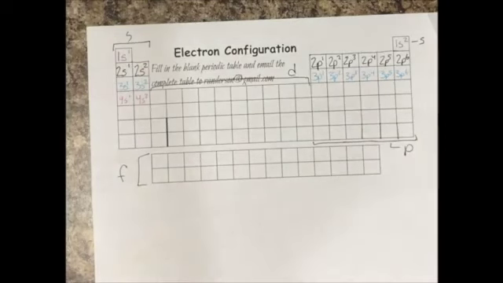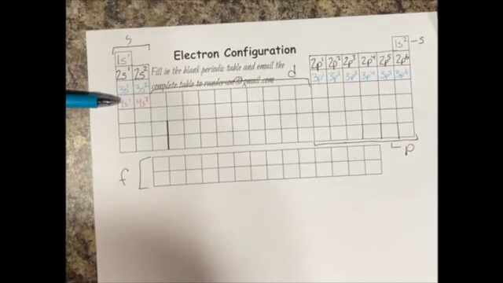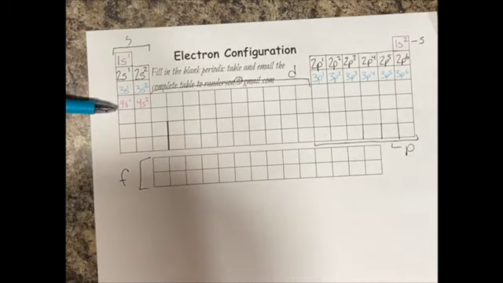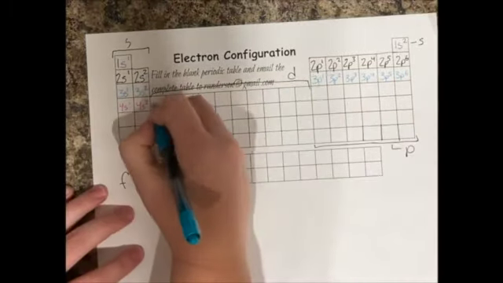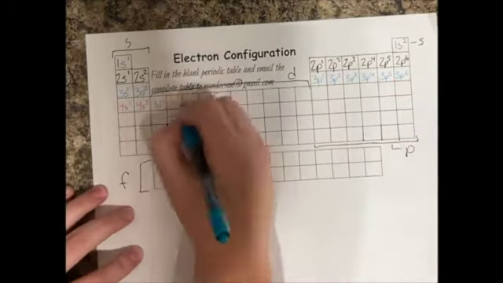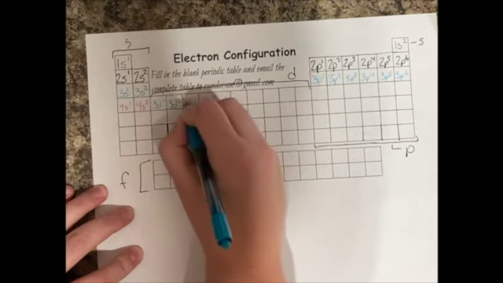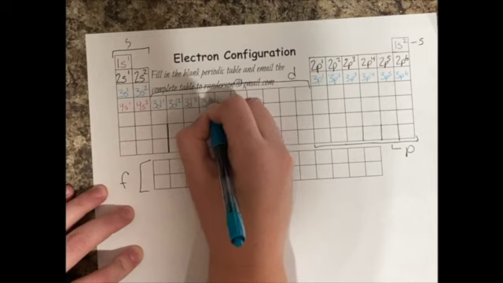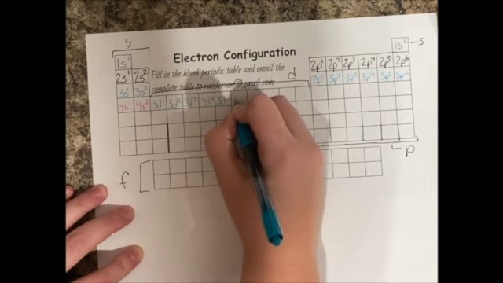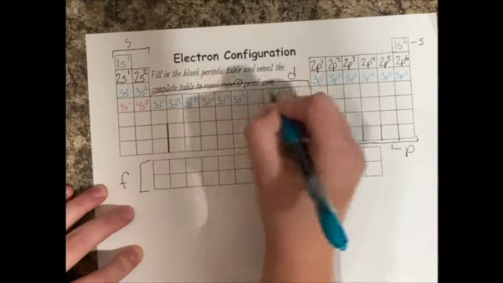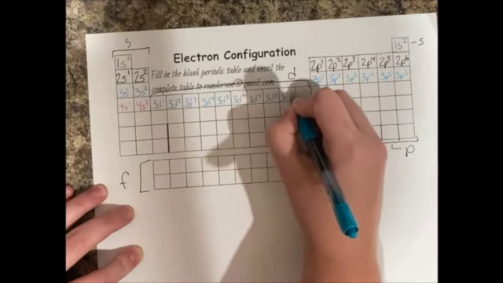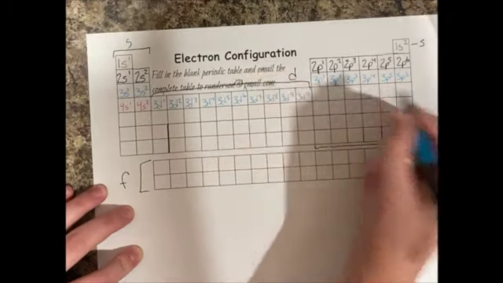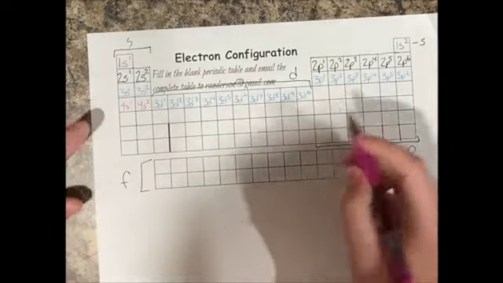So now we're in the D section, and one thing you need to know about the D section, it is always one step behind whatever's happening at the S. So right here, S is 4, which means this D is going to be a 3, so I'm going to use the color I used for 3, and that'll be 3d1, 3d2, 3d3, 3d4, 3d5, 3d6, 3d7, 3d8, 3d9, 3d10.